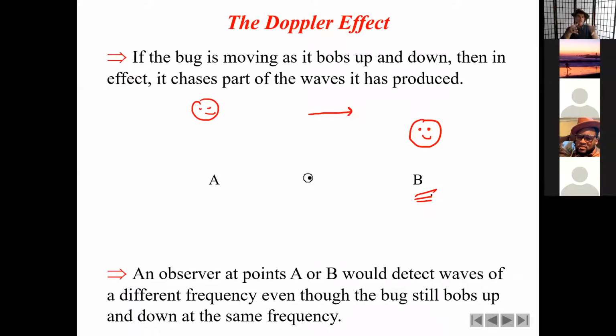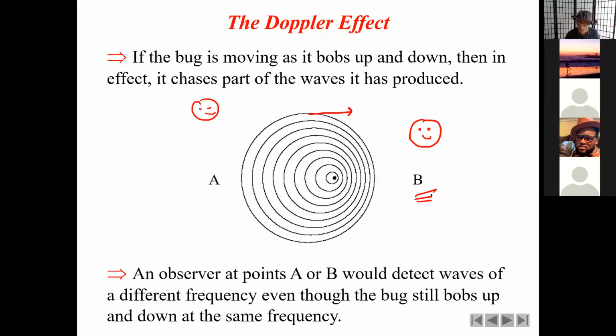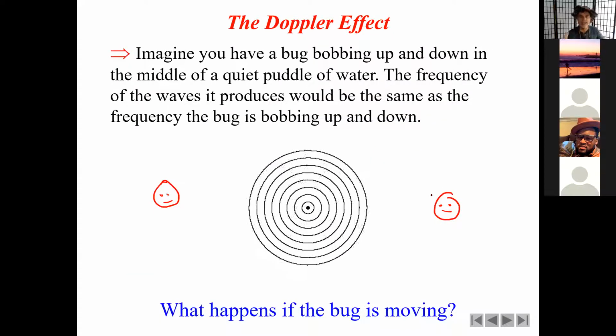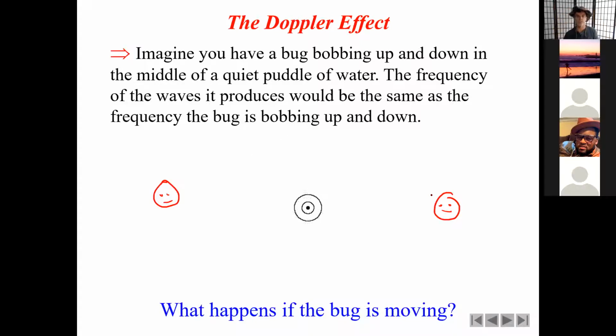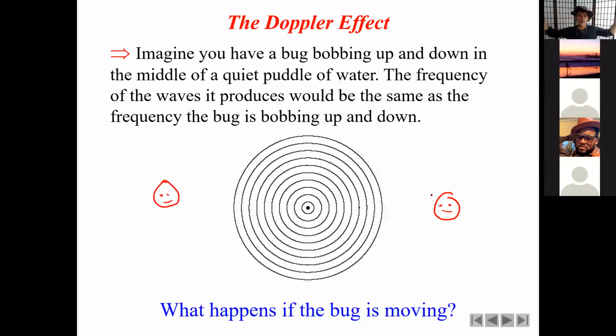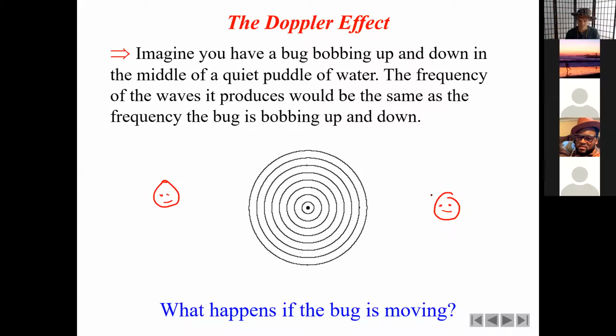One, since the bug is moving towards the waves it's already produced, the wavelength is actually smaller. I could consider the wavelength, let me go back one more time, to be the distance between any 2 circles here. And if I'm on either side, the wavelength that the bug is producing and the wavelength that I detect are the same.